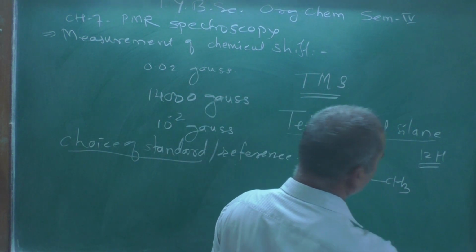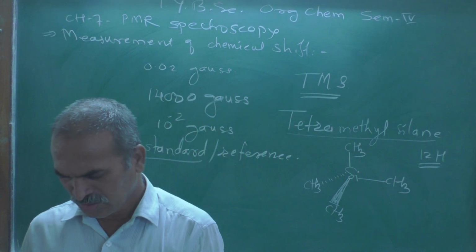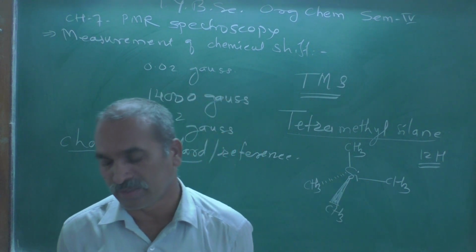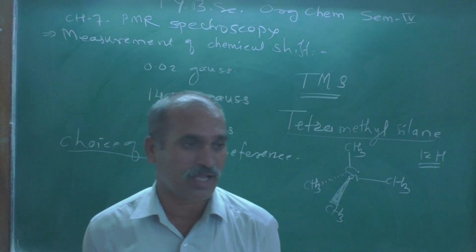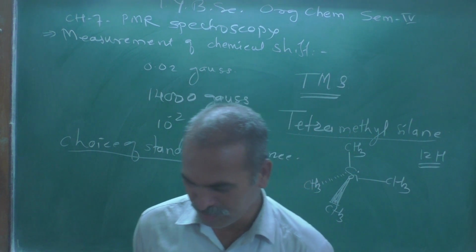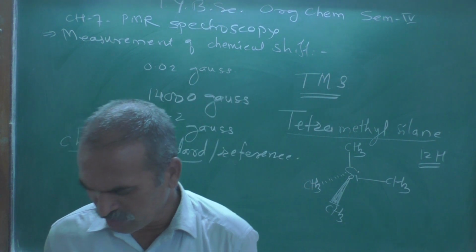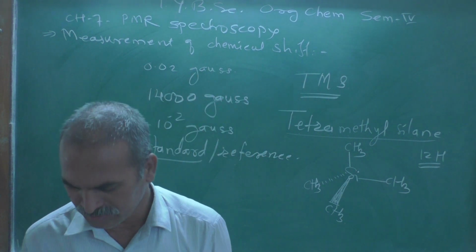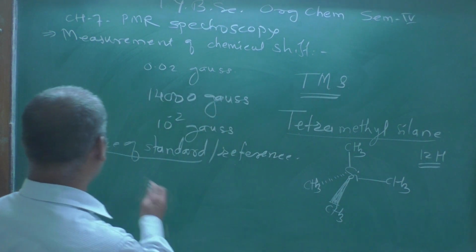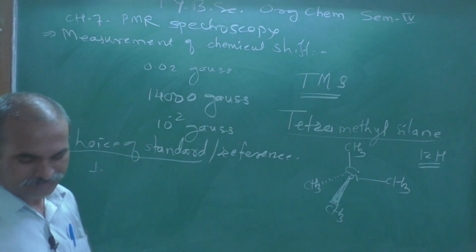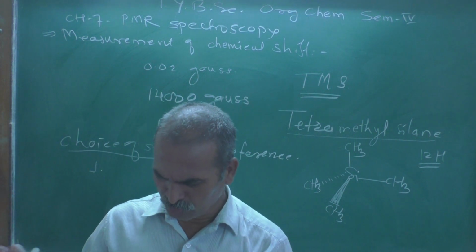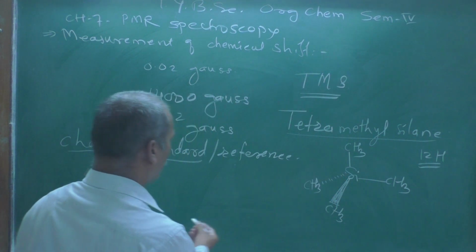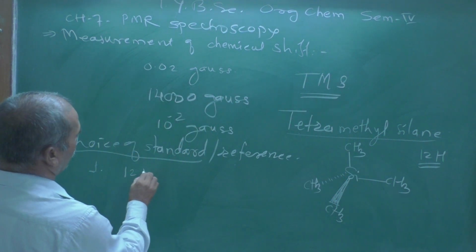And why is this tetramethylsilane used as an internal standard, or why is it referred to as a good reference compound? It fulfills all the necessary criteria for a good reference compound. Number 1, it produces one sharp signal corresponding to 12 protons, 12 hydrogen atoms.